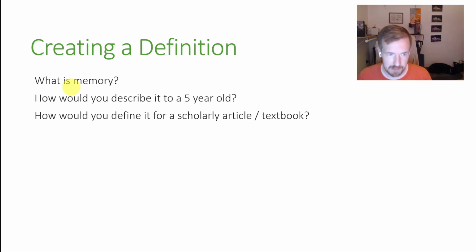But even more than that, memory is going to shift a lot depending on what kind of information you're talking about, or what kind of experiences you're talking about. Are we talking about a memory for something you had during childhood, or a memory for something that happened yesterday? Or are we talking about remembering how something sounds, remembering how something tastes?